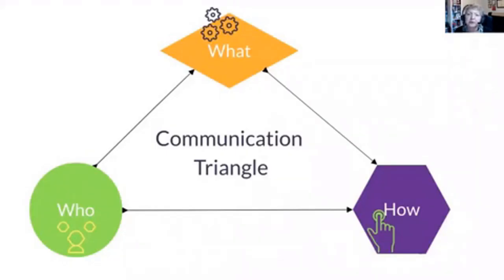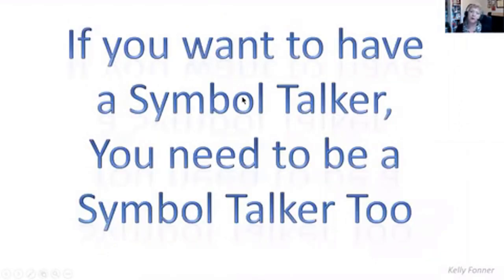We want to talk to you about the why behind aided language stimulation. Of course, the first reason is this. If you want kids to use a communication system and see that as their language, what I tell my teams is if you want to have a symbol talker, you need to be a symbol talker too.